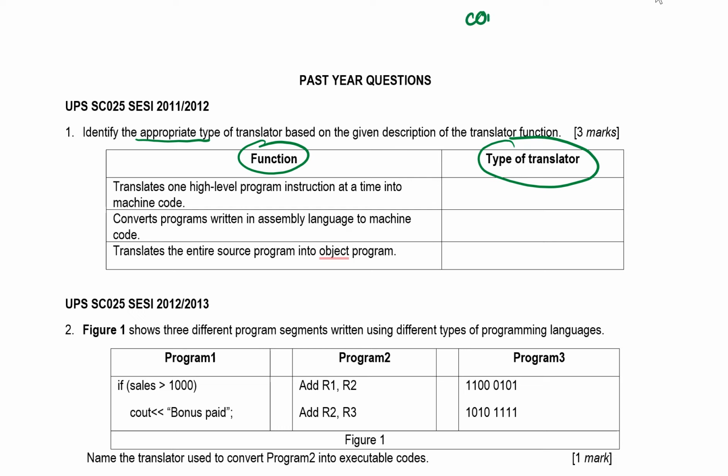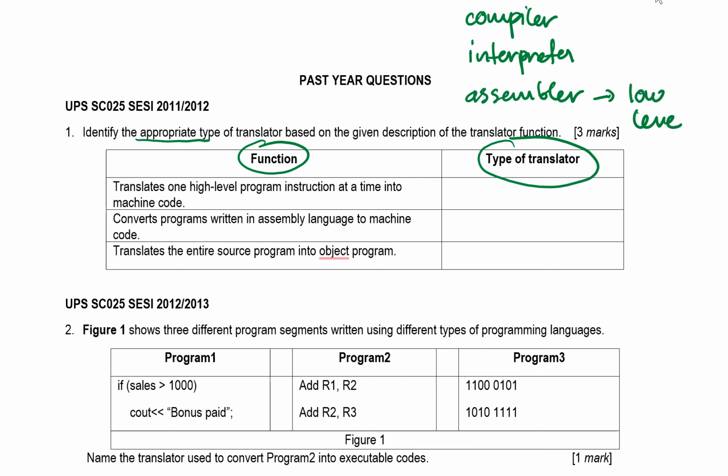Now there are 3 types of translator. The first one is compiler. Second, interpreter, and last one is assembler. Assembler is used for low level language, and compiler and interpreter are used for high level language.